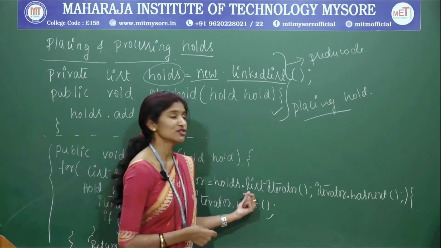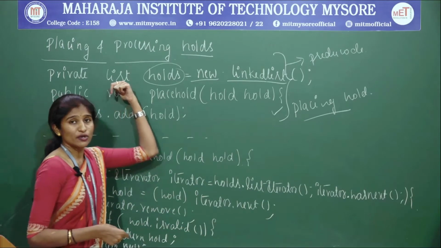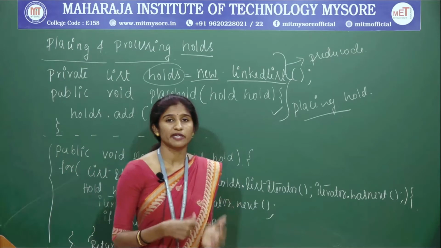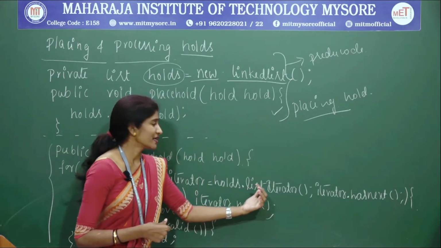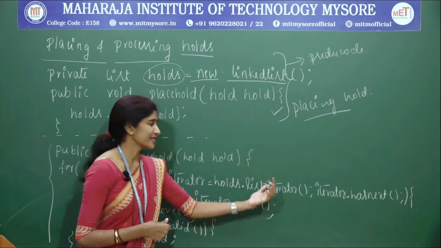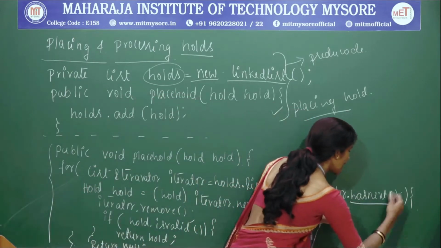It is going to iterate through the list. We have created a list here that contains all the holds that have been placed, which will have the data here. I am going to perform the iterator function on that particular linked list, which contains all the information, and you can see I am using next.